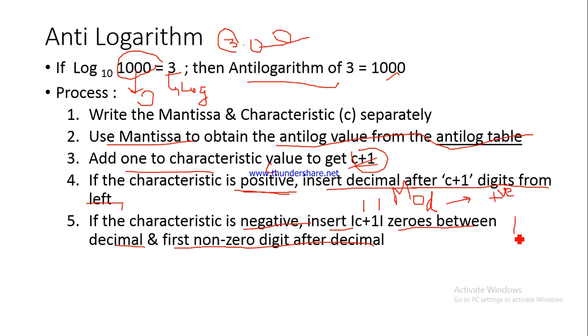What would this mean? If the characteristic is minus 5, C plus 1 becomes minus 5 plus 1, and then there is a mod sign outside. What does this mean? This basically means minus 5 plus 1 is minus 4, and then I told you whatever comes out of this mod sign is always positive.